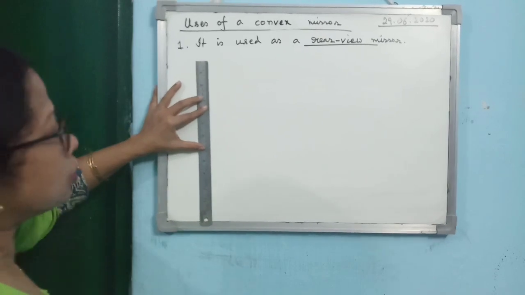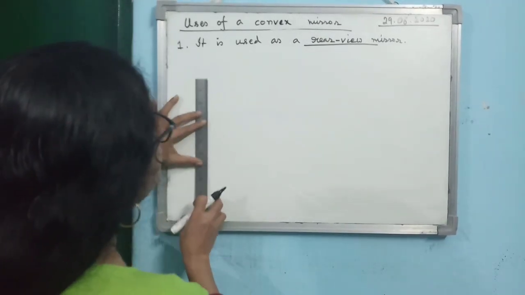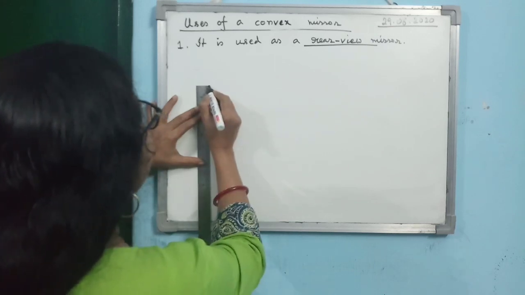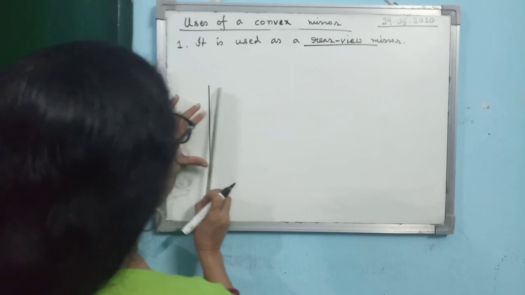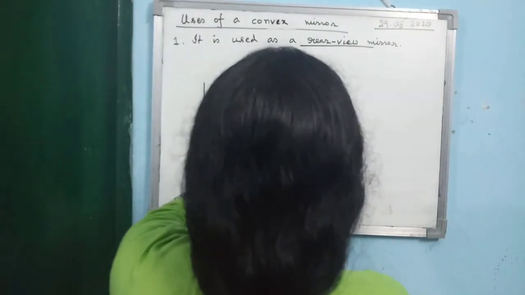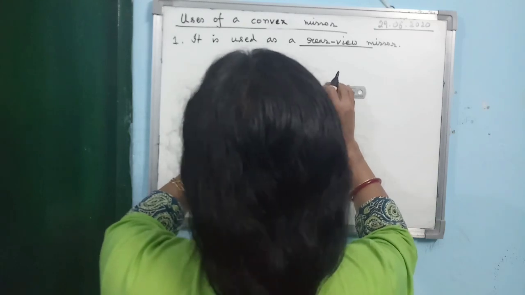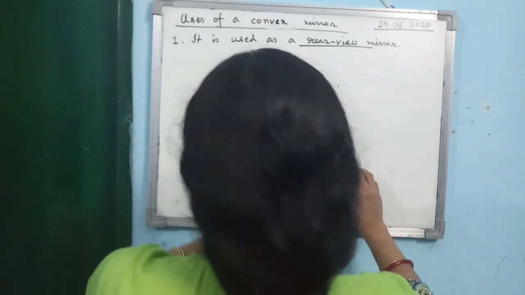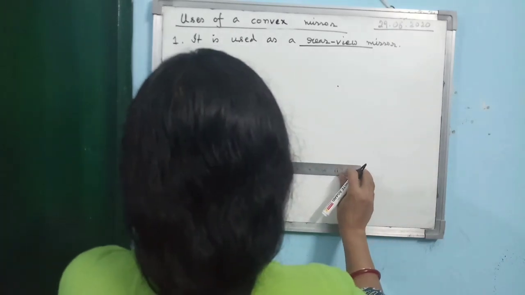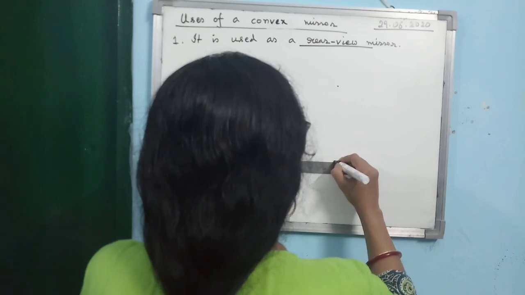In your notebook, taking the help of the ruled line, you draw a plane mirror and a convex mirror of the same length, along one ruled line. This is the way you draw the mirror.